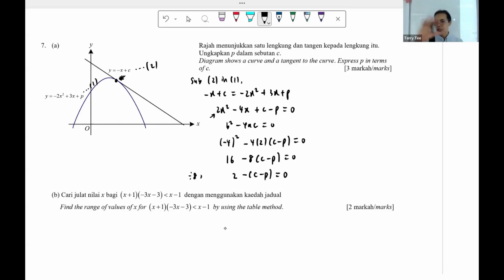You can throw the (c minus p) to the right, or you can multiply inside. So if I multiply inside, I get 2 minus c, minus minus becomes plus p equals 0. Since I'm finding p in terms of c, I throw everything to the right. Your c becomes positive, 2 becomes negative. Your answer, p is now c minus 2.